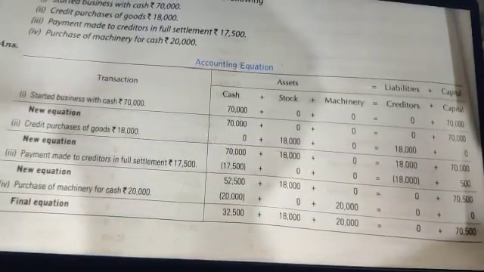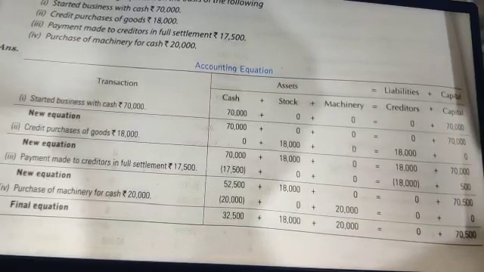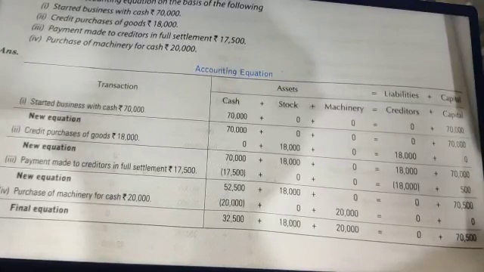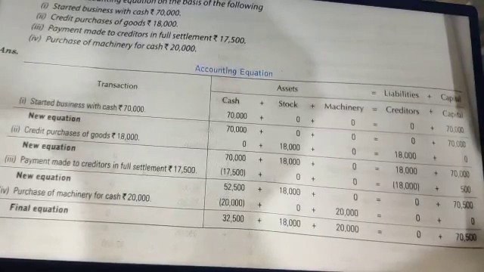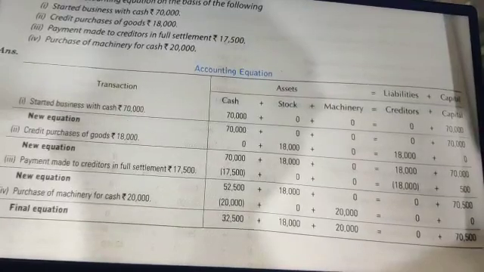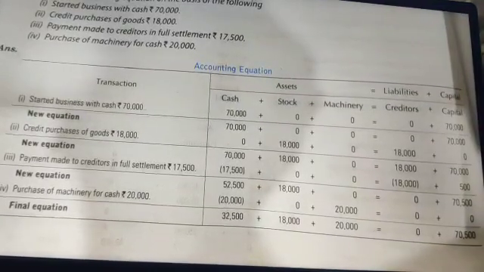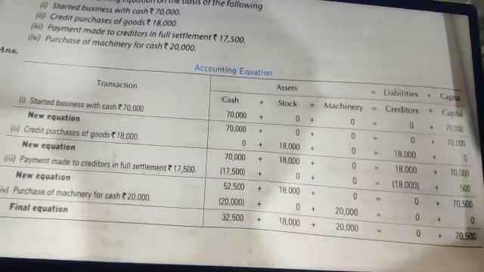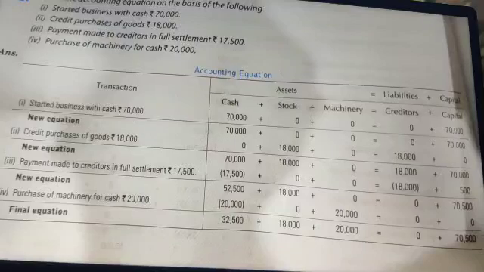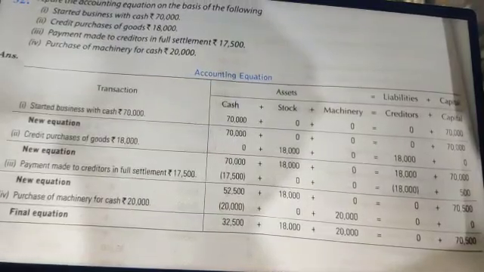Alright, students, we are paying only 17,500, so from cash we are only going to deduct 17,500. But our creditors were amounting to rupees 18,000 and we are completely settling this account in full settlement. So the complete 18,000, that is the amount due, will be nullified, completely erased from our accounting equation now. That is minus 18,000.